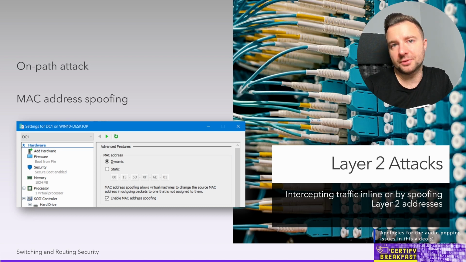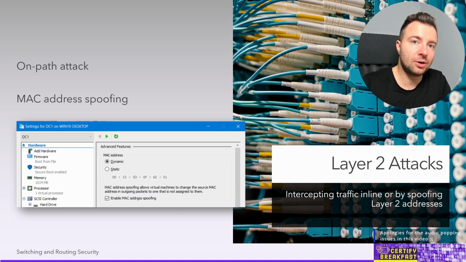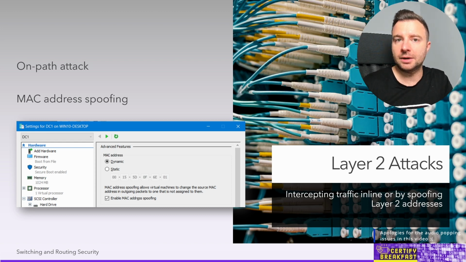The most common method for performing a man-in-the-middle attack on layer 2, so within a single subnet, is by performing MAC address spoofing. That is basically about announcing a fake MAC address instead of the real one. It's not just a matter of generating a random number for that MAC address.